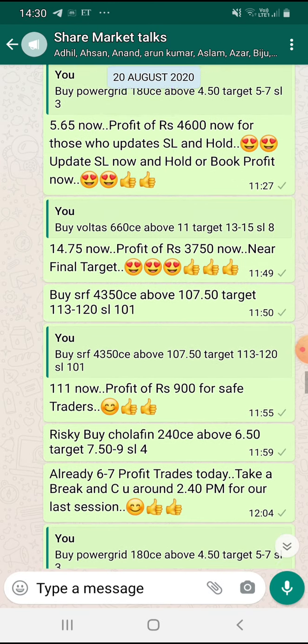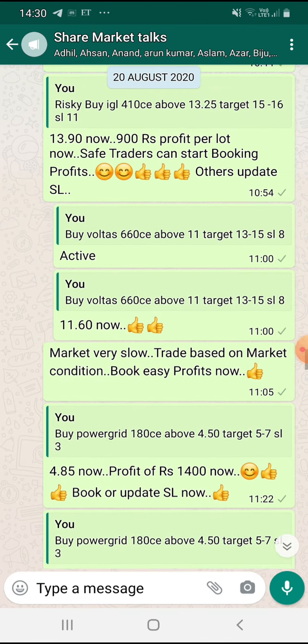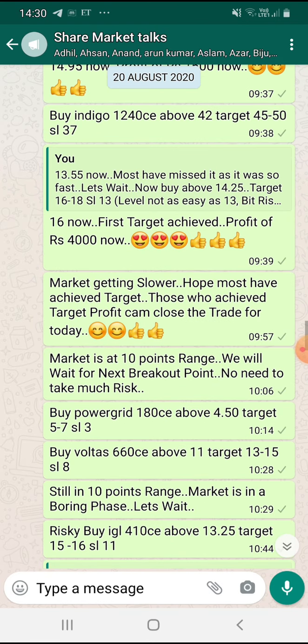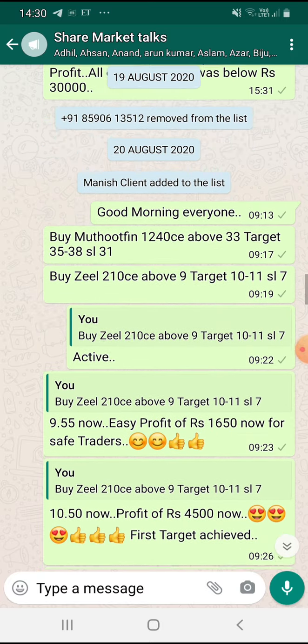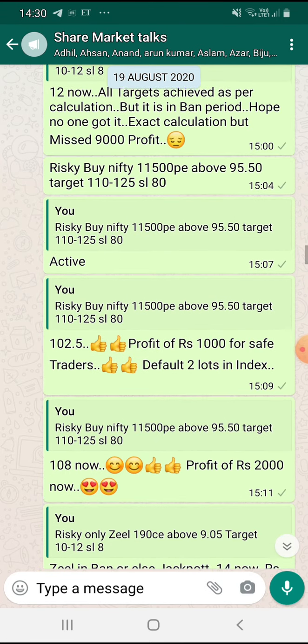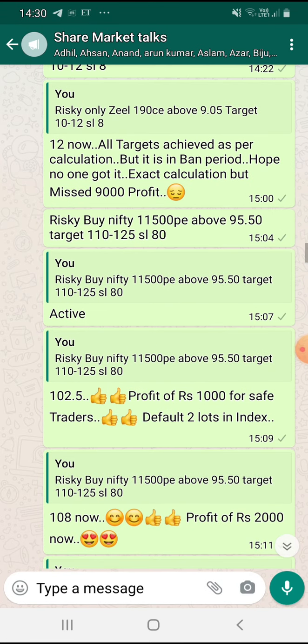Most of our calls are CE because we are bull traders. Here you can see, buy Nifty 11,500 PE. You can see PE, not CE, right? What is PE?